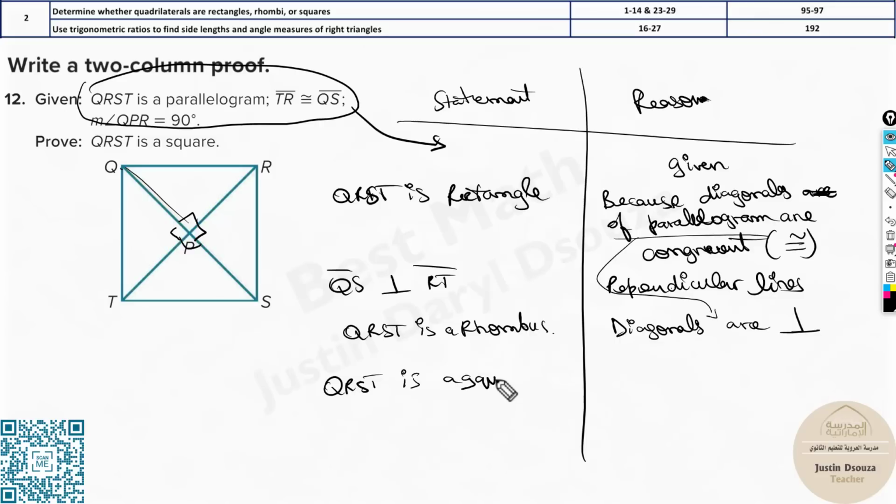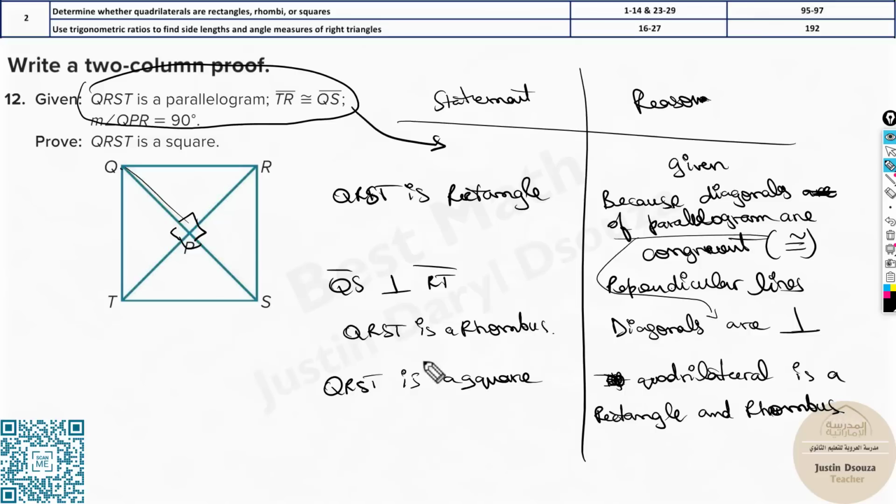The reason: if a quadrilateral is a rectangle and a rhombus, therefore it is a square.